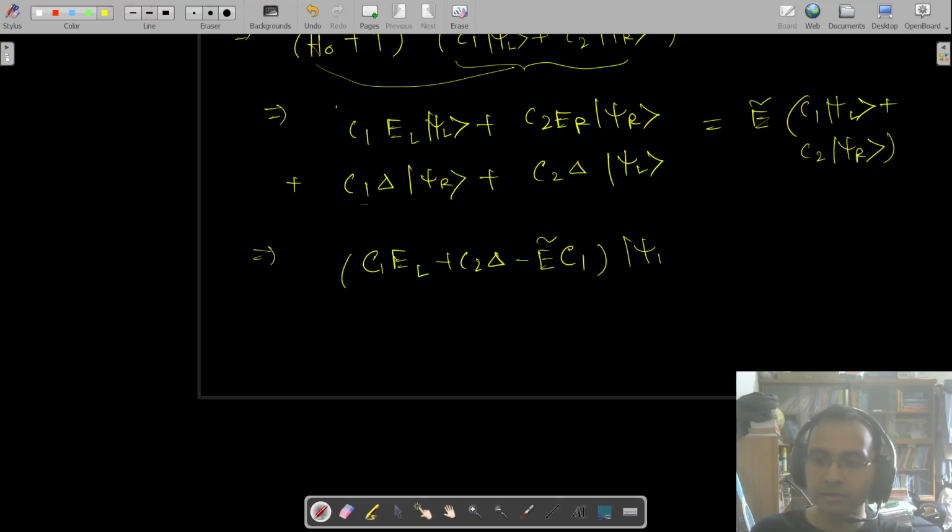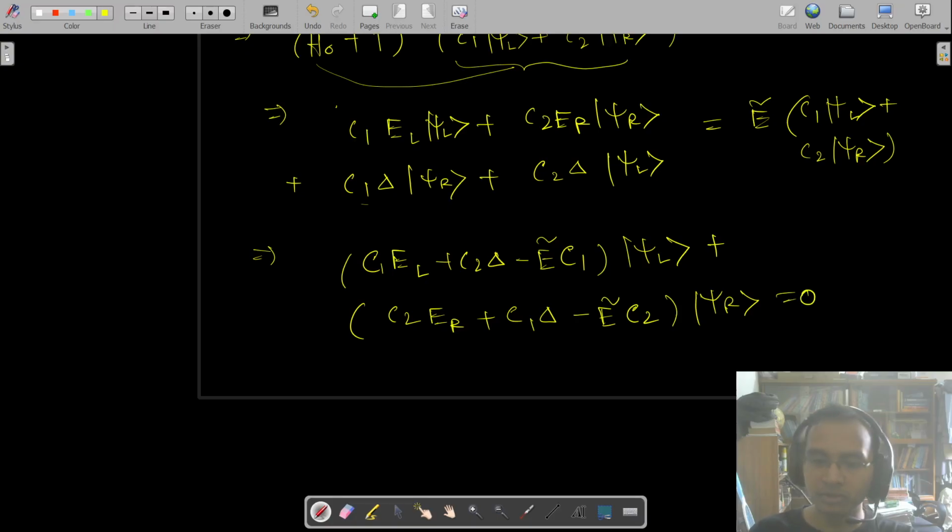This is the coefficient of psi L, and similarly we will have the coefficient of psi R to be this thing.